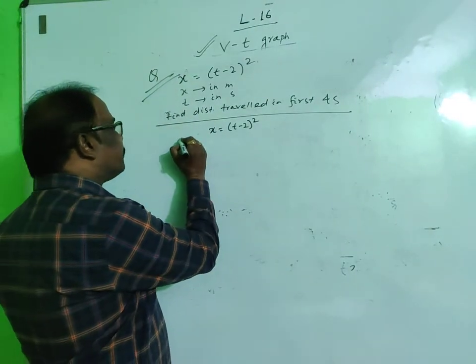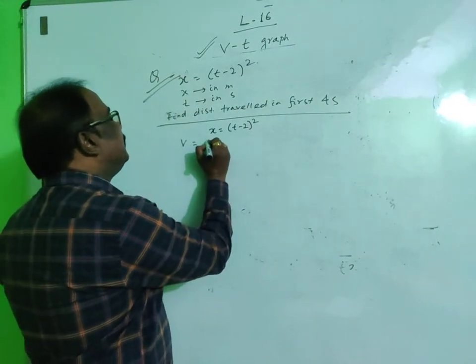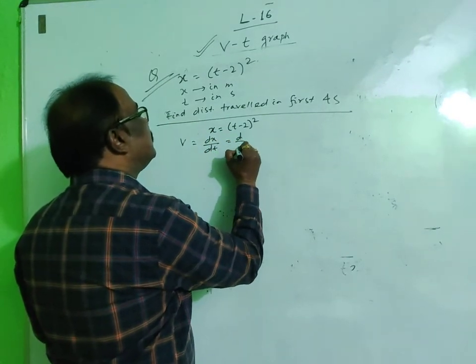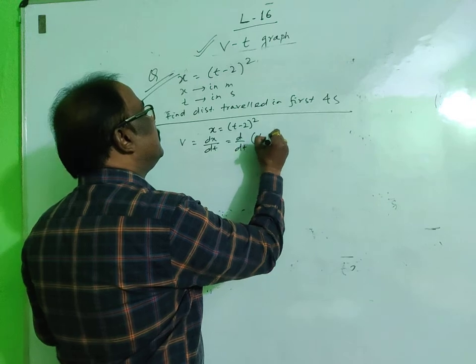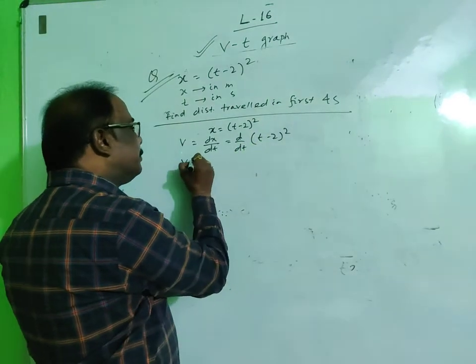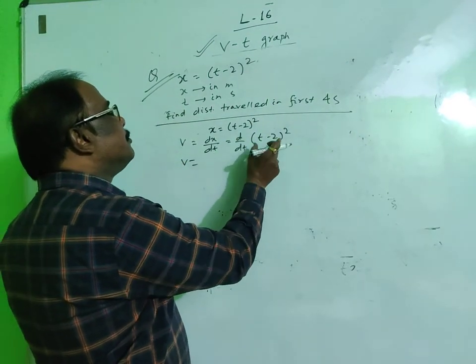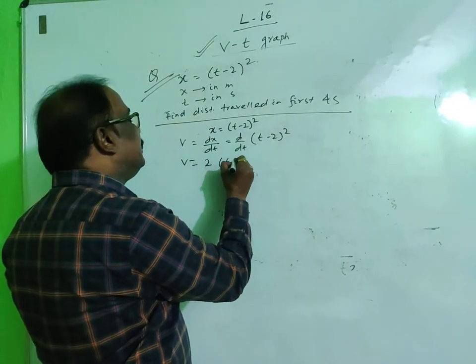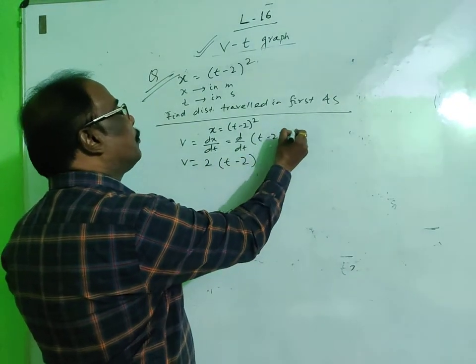Let's calculate velocity v. v is equal to dx by dt, that is d by dt of (t minus 2) whole squared. Then v is equal to 2 into (t minus 2) to the power 2 minus 1.